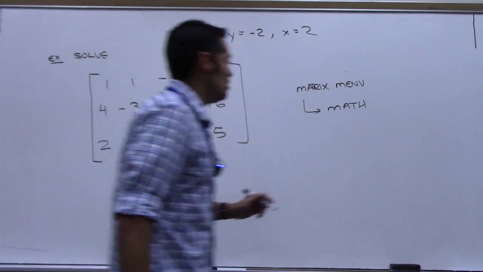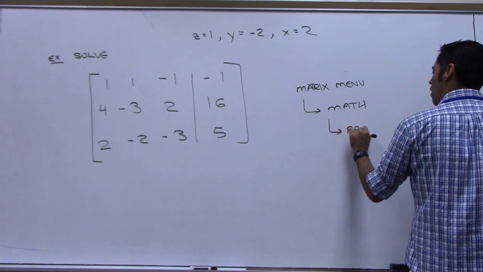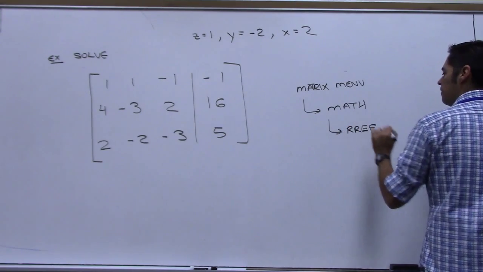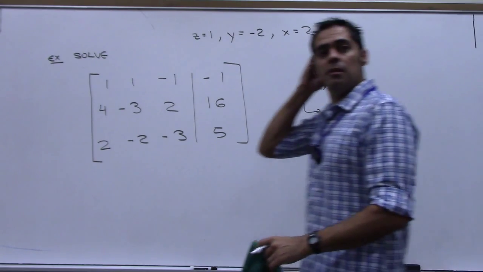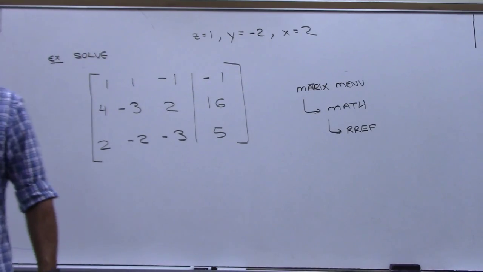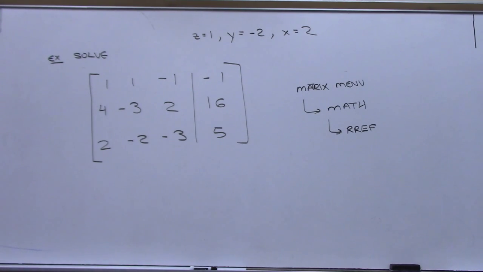Yes, scroll down until you see something that says R, R, E, F. R, R, E, F. Scroll all the way down. Now be careful, not R, E, F, R, R, E, F. Anyone have trouble finding it? Find R, R, E, F? You found it? Good? Batteries died?